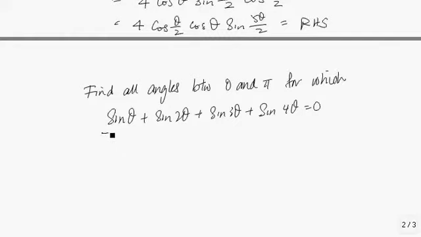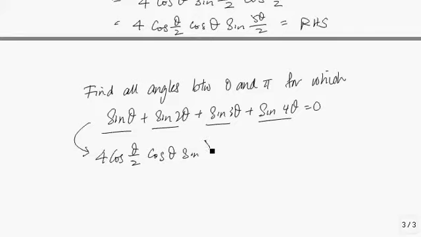So we have a product 0 here, which means the first condition will be cosine theta equals to 0. The second one will be cosine theta over 2 equals to 0, and then the last one here will be sine 5 theta over 2 equals to 0.